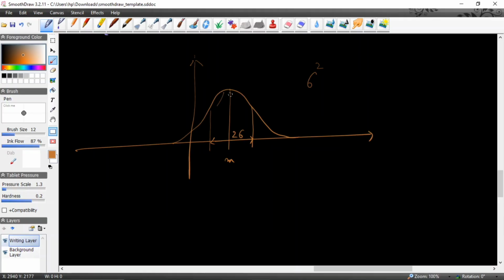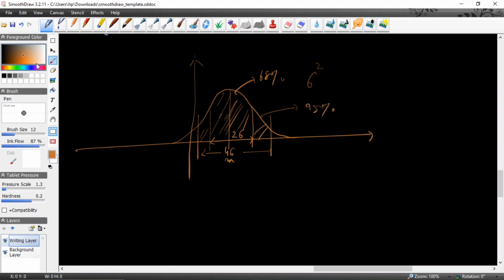So 68% of the samples will lie within this region. Okay, and if you take m plus minus 2 sigma, that means your total width is 4 sigma, then between this you will get 95% area.